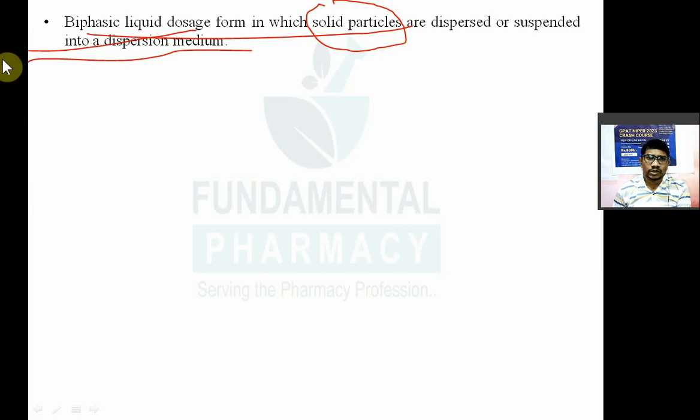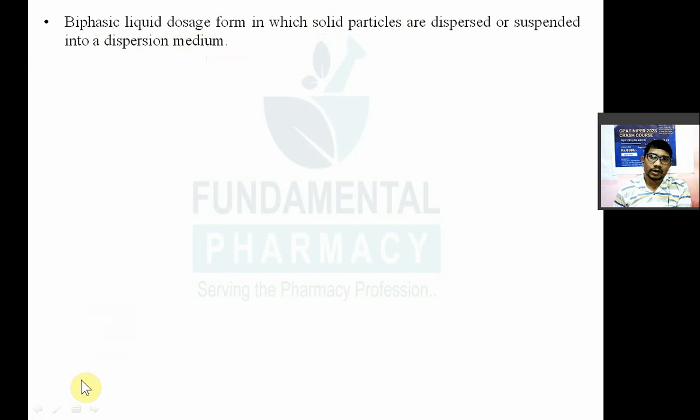The dispersion medium is also known as the continuous phase or external phase. So the suspended solid particles are the dispersed phase, the internal phase, and the dispersion medium is the external phase or continuous phase.